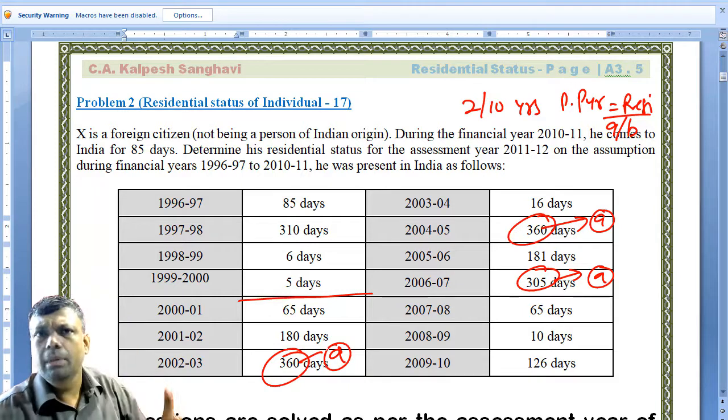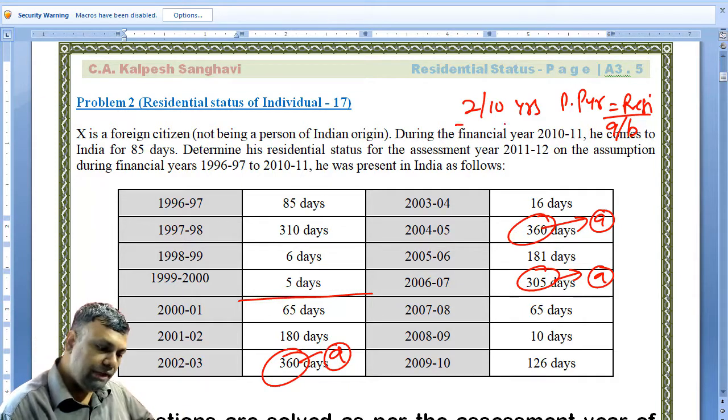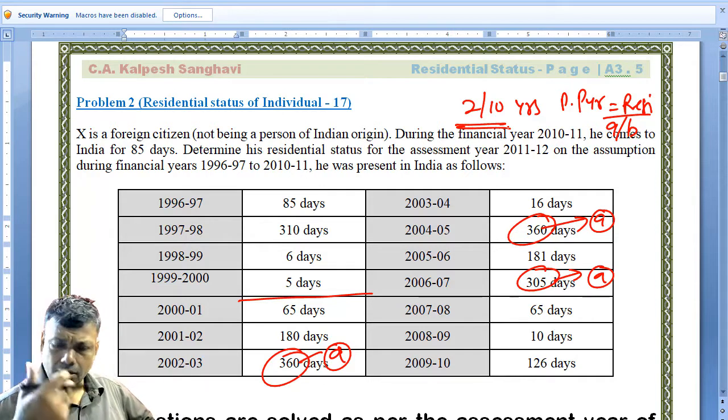Immediately in my mind, 2 out of 10 years at least. At least 2 out of 10 preceding years. On the face of it, I can see that you are already resident, at least for 2 years, but 3 years I can see on the face of it because condition A is satisfied.